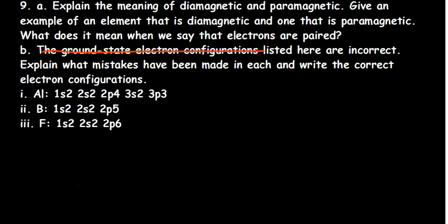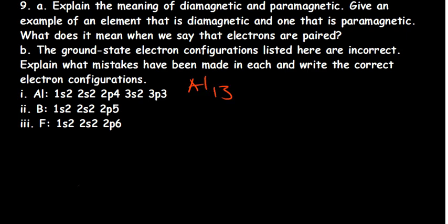The ground state electron configurations listed here are incorrect. We need to explain what mistakes were made here. So I would advise you get your periodic table and get the atomic number of these atoms and then try to write our own so that we can easily identify the mistakes. Starting with aluminium, the atomic number of aluminium is 13.